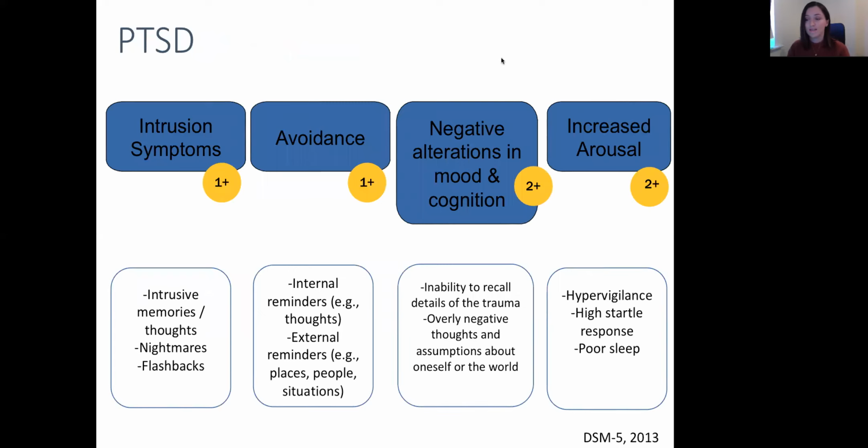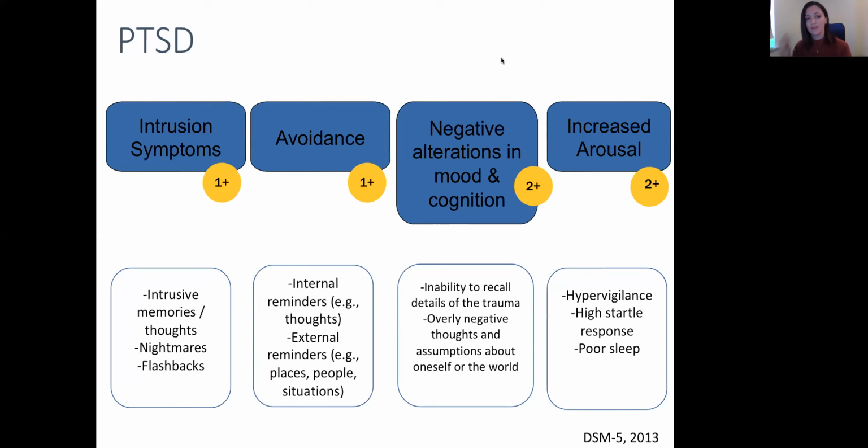So according to the DSM-5, PTSD symptoms can be grouped into 4 symptom clusters. So these are intrusive symptoms, avoidance, negative alterations in mood and cognition, and increased arousal. And the numbers in the yellow circles here just represent the number of symptoms that are needed from each symptom cluster in order to reach a diagnosis of PTSD.